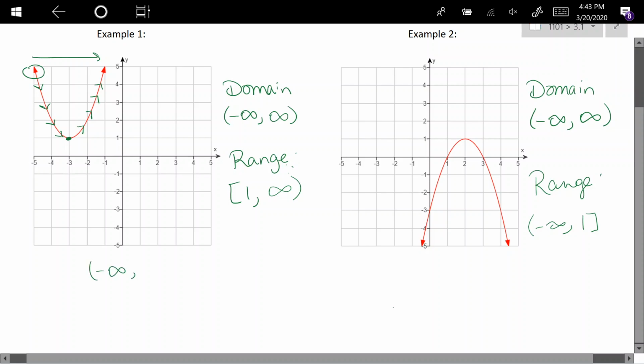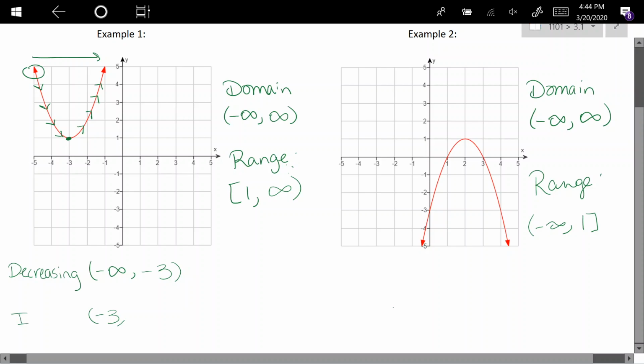And we can see that our arrows are pointing down as we go until we reach our vertex, which is at x equals negative 3. So that tells us that we're decreasing from negative infinity to negative 3. At negative 3, our direction changes, and we can see that our arrows start going up.